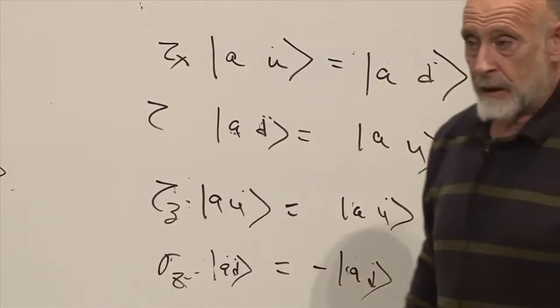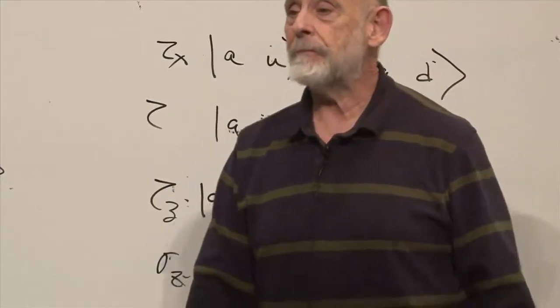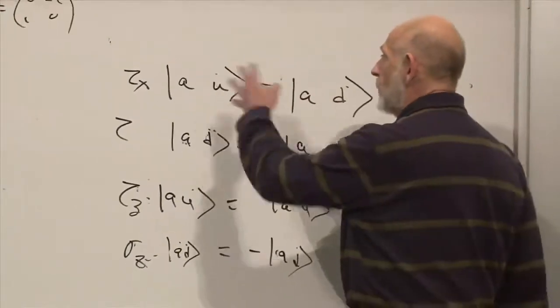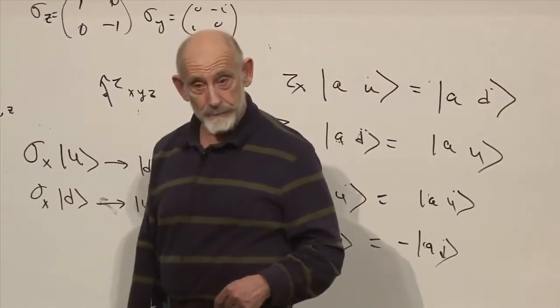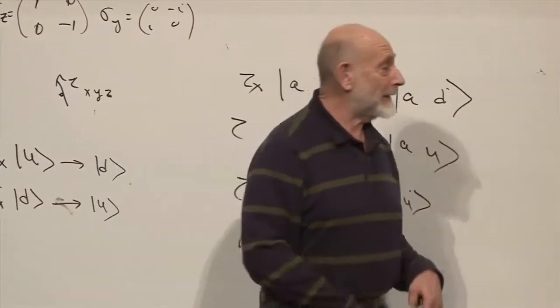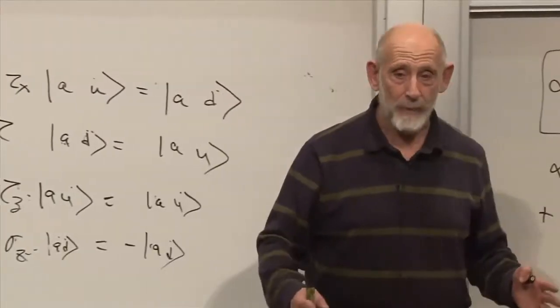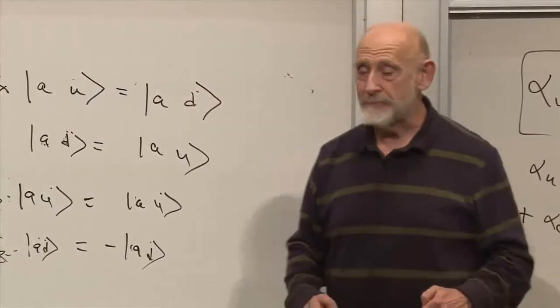Straightforward. With this definition, it's quite clear that if you're talking about an observable associated with sigma, the tau degrees of freedom are completely passive. Nothing happens to them.